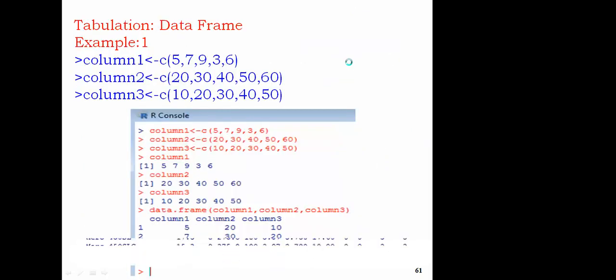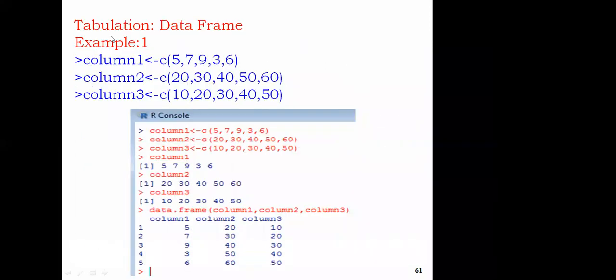Tabulation, you see, my last objective is tabulation. So for a data frame, see the example: column 1 is taken by 5, 7, 9, 3, 6, column 2 is taken by these values, and column 3 is taken by these values. Now you see column 1, column 2, column 3. So what is the data frame? Just see how it will come. data.frame(column 1, column 2, column 3).